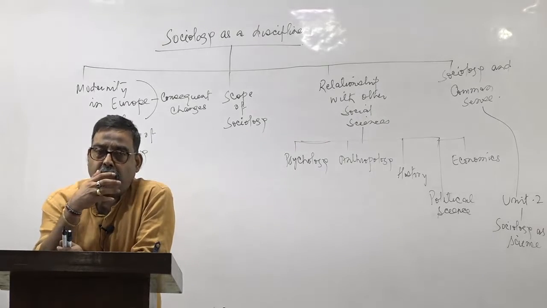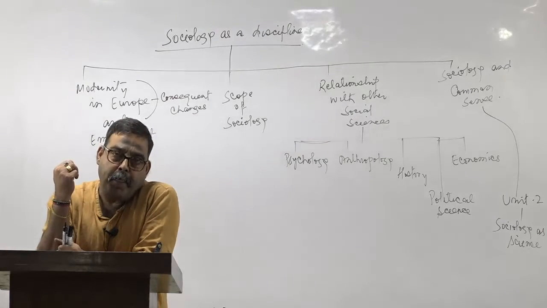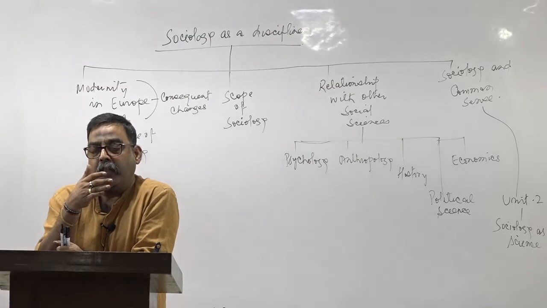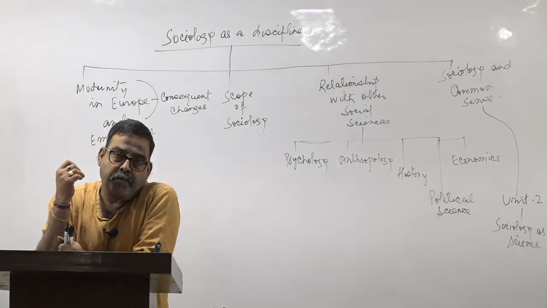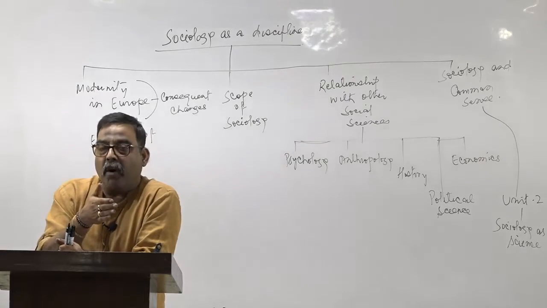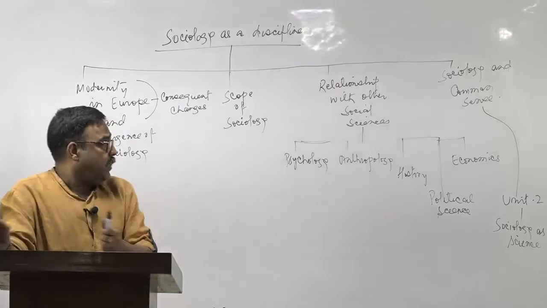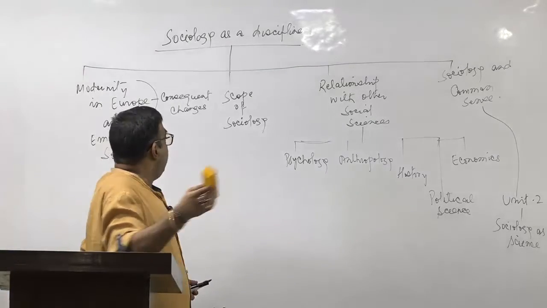And when we say socio-historical conditions of Western Europe, it means how Western Europe started witnessing a certain transition from the pre-modern stage to the modern stage. And thus, one by one we will be picking up.